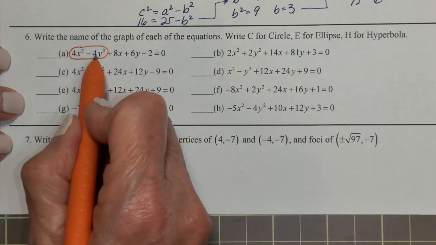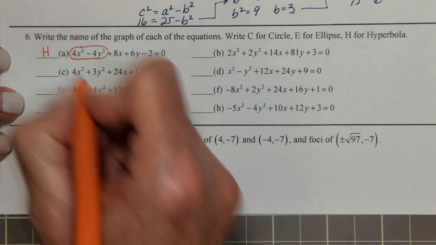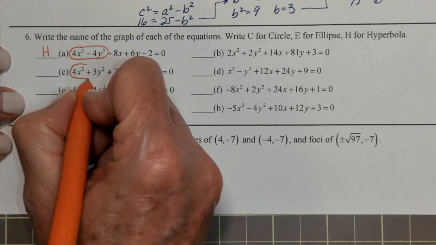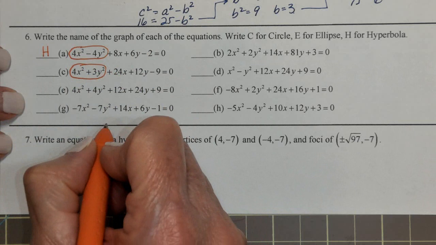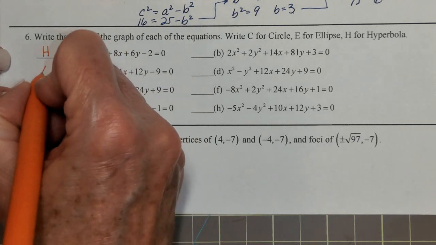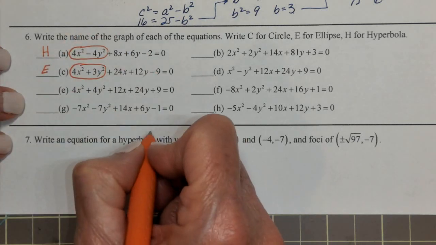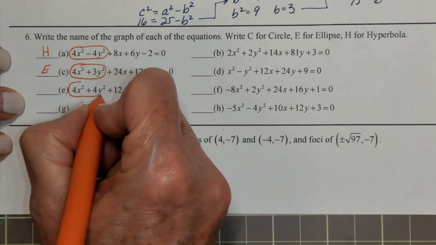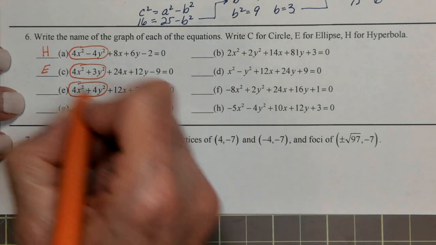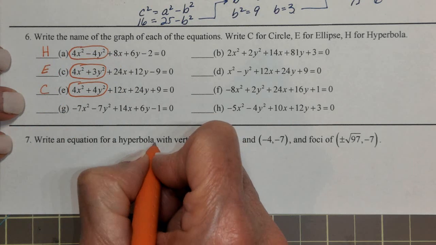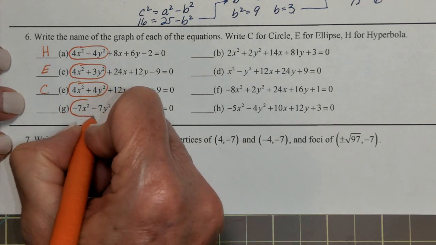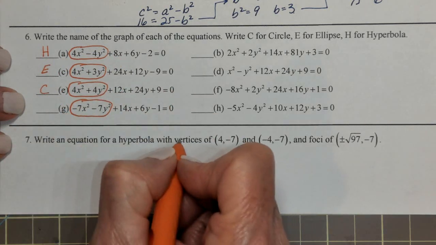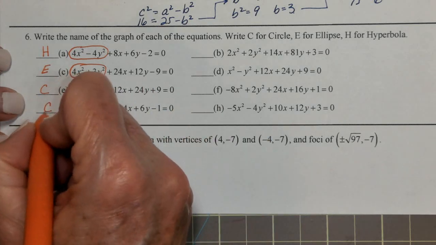Different signs, that has to be a hyperbola. Same signs, different coefficients. That has to be an ellipse. Same signs, same coefficients. Circle. Same signs, same coefficients. Circle.